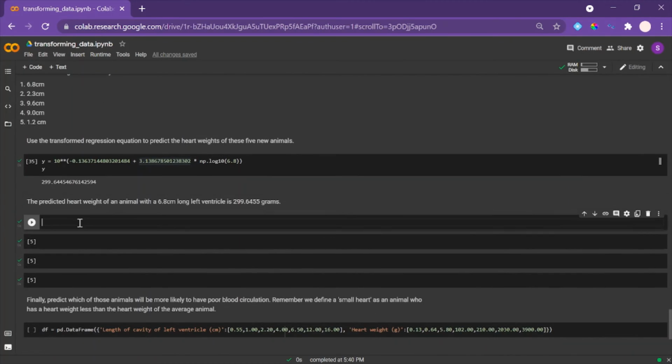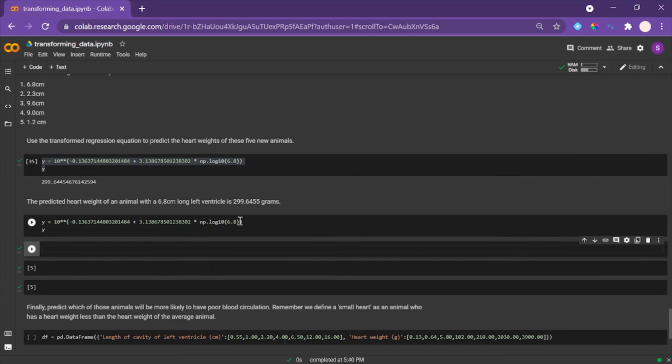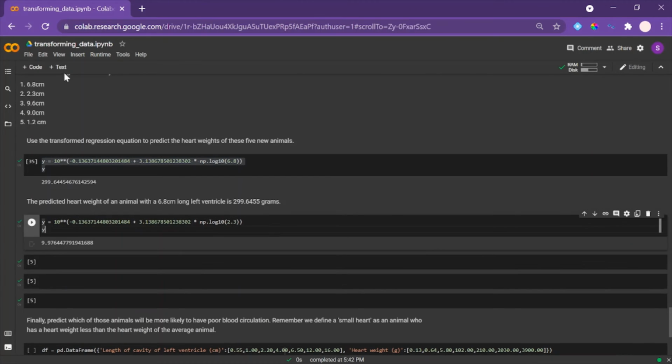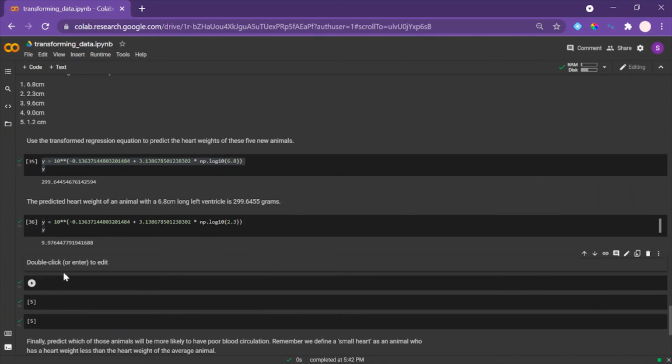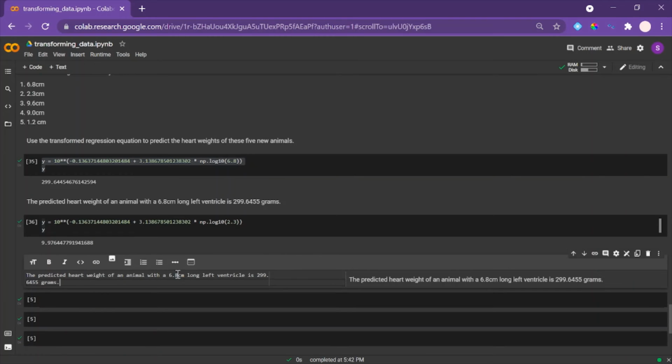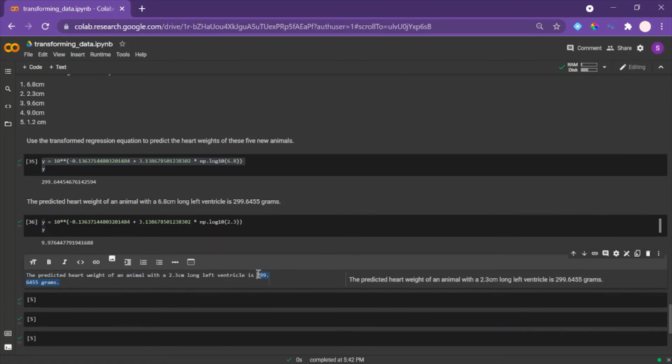So let's continue on. So I'm just going to go ahead and copy and paste this a few more times. So the next one is 2.3 centimeters. Let's do 2.3 on that. Okay, so what does this mean? This means that the predicted heart weight of an animal with 2.3 centimeters is 9.9764 grams.